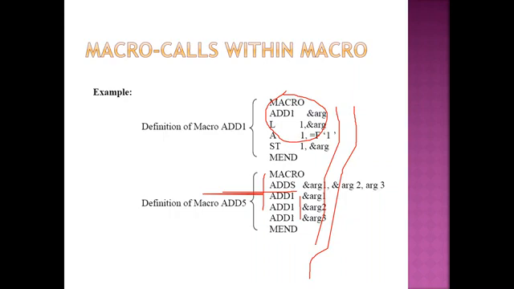Yes, I can, so I define another macro in the next line. The name of the macro is ADDS. I expect some instructions, but instead there is a macro call. So I am calling another macro. What happens in this scenario? How is it handled? How do you break it up?